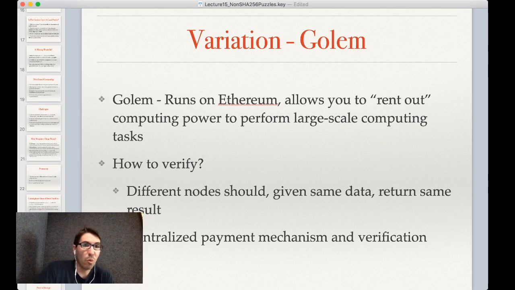And then you are rewarded for doing this. So how do we verify? Different nodes given the same data should return the same result, so this can be checked. If I give the same data to multiple nodes and two of them give me the correct result, which we have no way of knowing on chain, and one gives me an incorrect result, I can look at the incorrect result and not give them a reward.